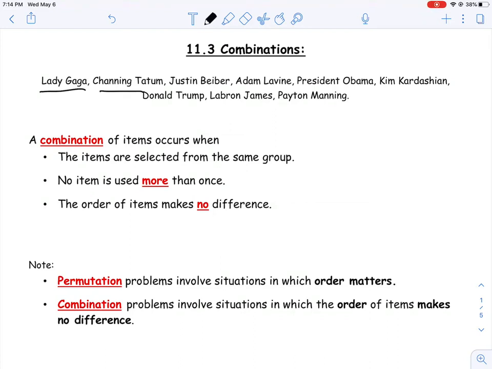Okay, so that's an example of a combination, where you pick a selected group of items from a group, no item is used more than once, and order makes no difference. So changing the order in which you pick them or arrange them doesn't change the outcome.